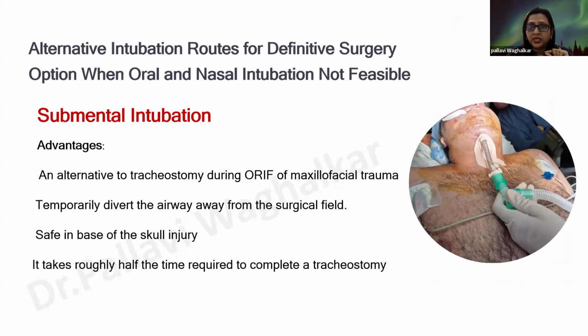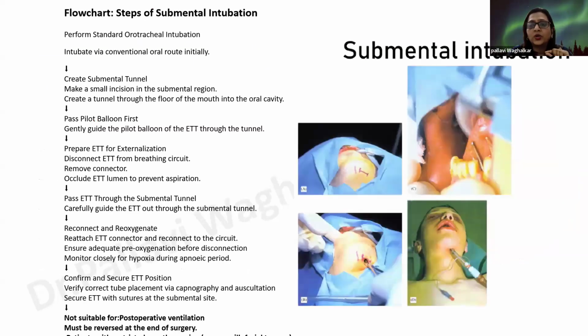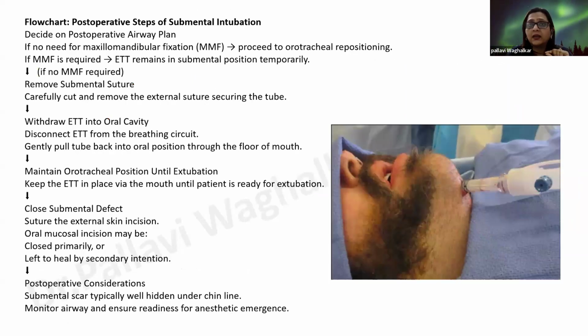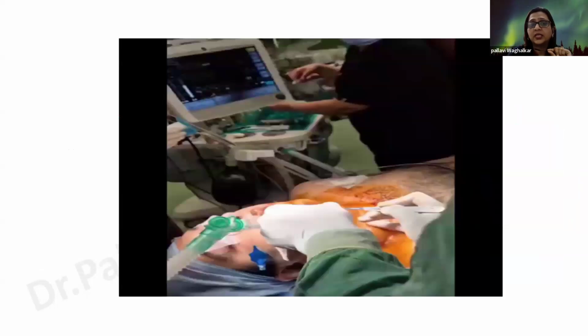It is safe in skull base fracture injury, and it takes half the time of a tracheostomy. So here also is the list of the steps of submental intubation. Again, with submental intubation, you cannot shift the patient on a ventilator if you have to go back to oral intubation postoperatively. So instead of going into the steps, let's have a video.